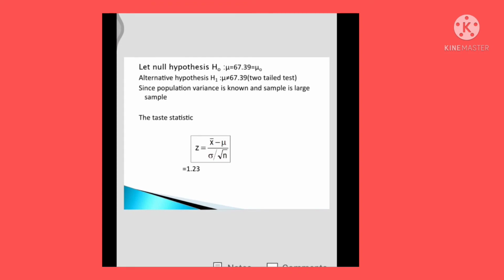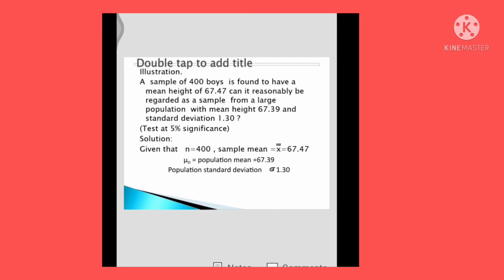After this, we should get Z alpha or tabular Z. As per this problem, test at 5% significance. Most of the time, 5% significance is asked.